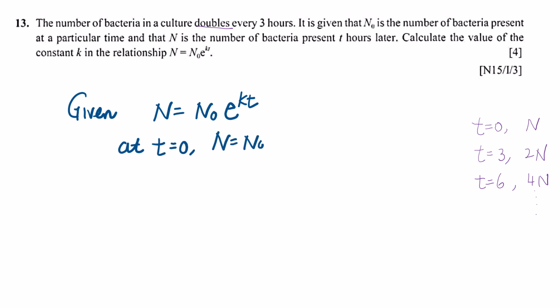So when t equals 0, the number of bacteria is given by n subscript 0, which is the bacteria that is present. So n is represented by n subscript 0 when t is 0.